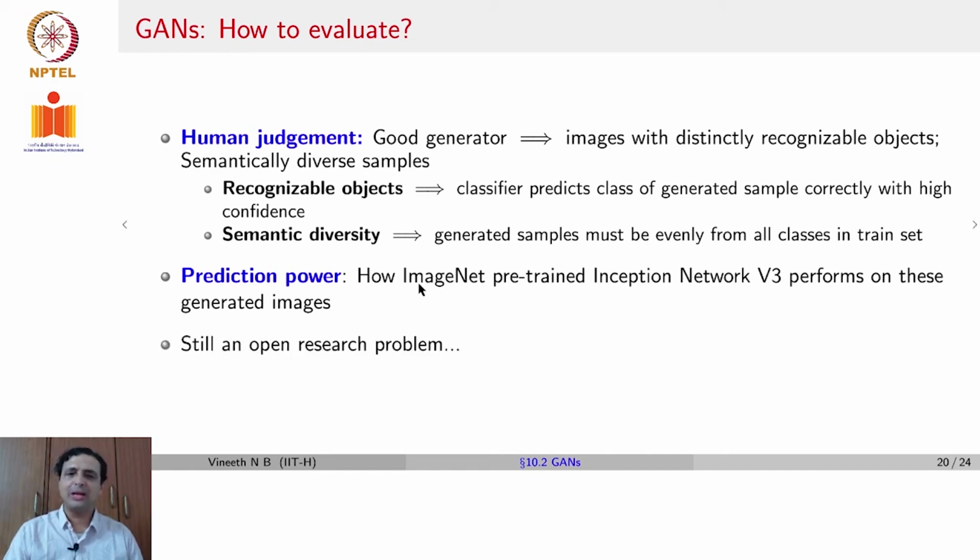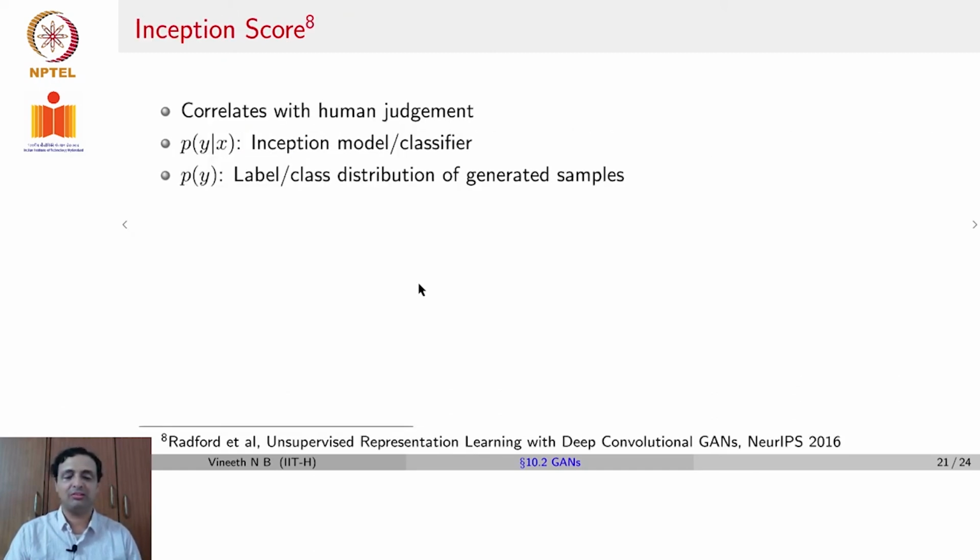But it's also to be kept in mind that the evaluation of generative models is still an open research problem. There are metrics that are popularly followed. There's still scope for improvement of these metrics. One such metric that's popularly used is known as the inception score, which is intended to correlate with human judgment.